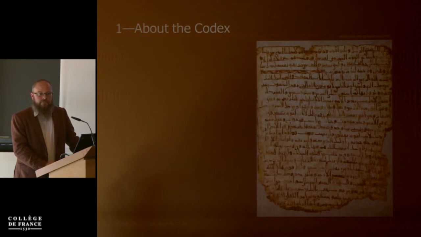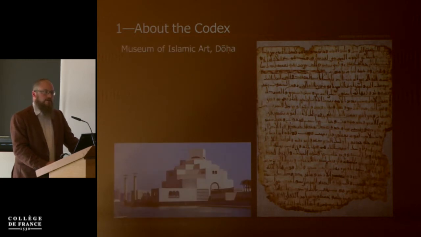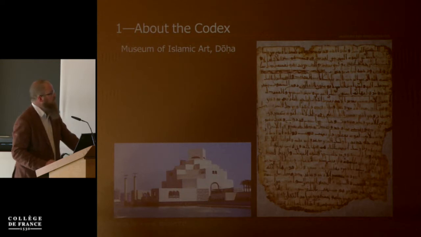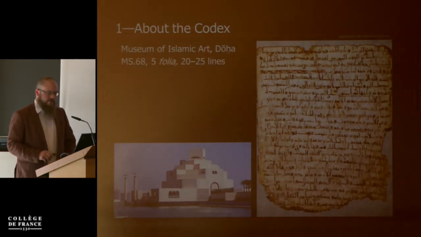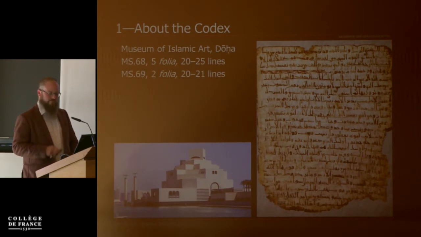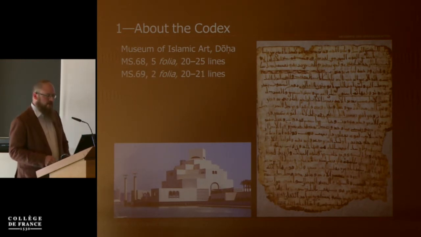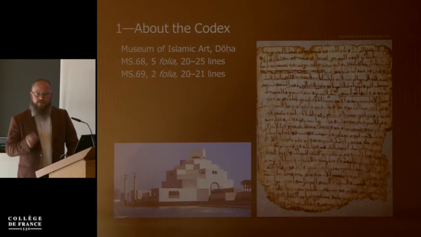And then we have, in recent years, some other fragments that surfaced, now held in the Museum of Islamic Art in Doha under different signatures. So we have MS 1668 with 5 folia, and please look at the line numbers. They're a little bit lower, especially MS 69 with 2 folia.